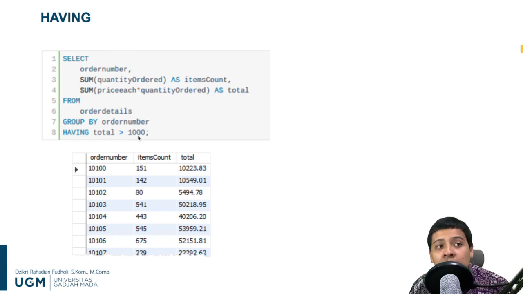We will group by order number and having total more than 1,000. Just like a WHERE clause, but we're just going to group by the order numbers that have a total of more than 1,000. So here are the results.